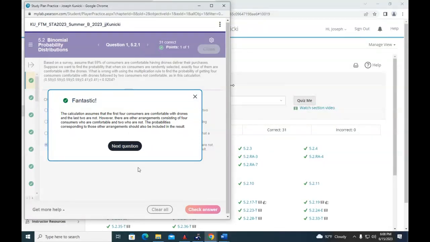Out of those 64 branches, let's see what that is. That's 6 factorial over 4 factorial, 2 factorial. The 4 factorial cancels, so that's 6 times 5 over 1 times 2. There's 15 different ways to arrange those. So that's where the formula comes from below.